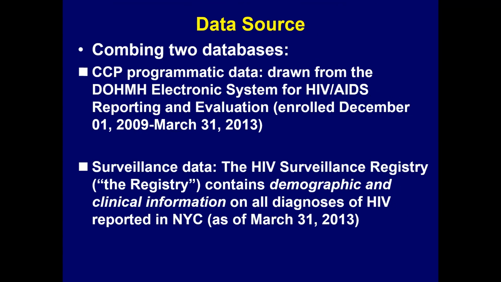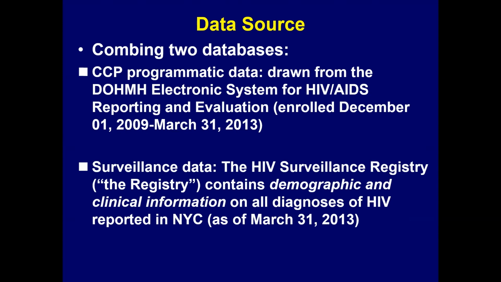The data sources of this analysis, similar to the first example, also combine or merge 2 databases. The first one is the CCP programmatic data, which is drawn from the DOH electronic system for HIV/AIDS reporting and evaluation, and the participants were enrolled between 2009 and 2013. And the second data source is the surveillance data.